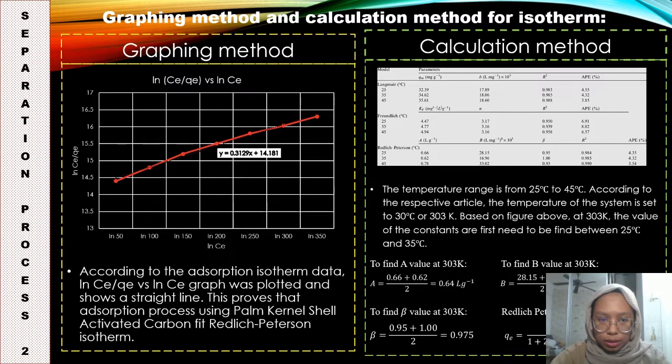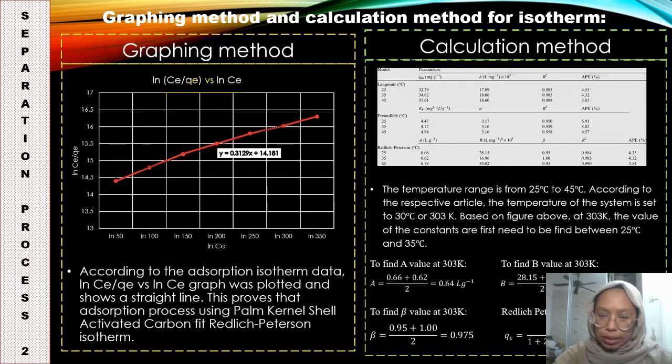So here's the graphing method and the calculation method, where for the graphing method, we use ln(CE/QE) versus ln CE. According to the adsorption isotherm data, the ln(CE/QE) versus ln CE graph was plotted, and it shows a straight line graph. And this proves that the adsorption process using palm kernel shell activated carbon fits with the Redlich-Peterson isotherm.